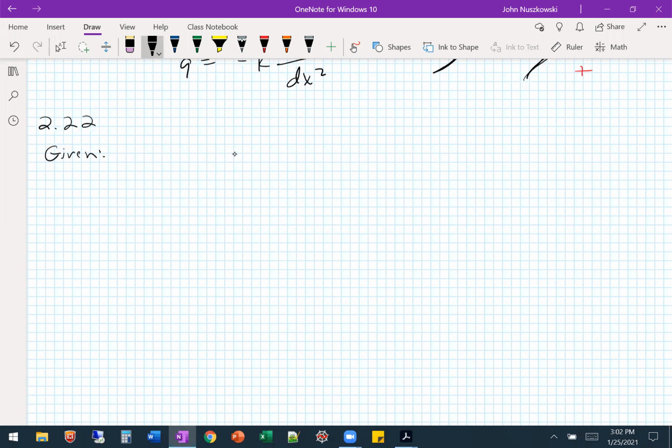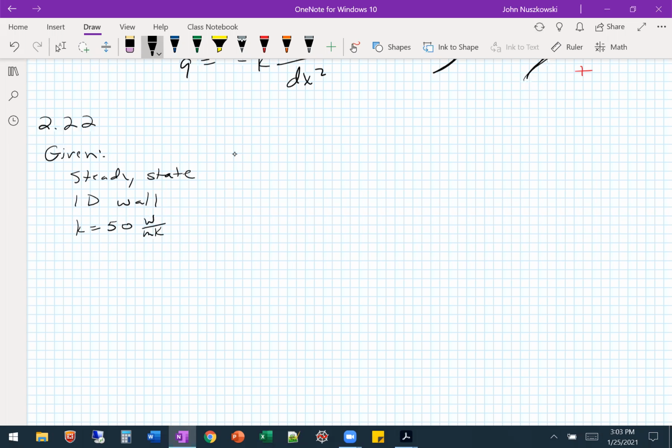Okay. So we have steady state, it's a one-dimensional wall. They give us the thermal conductivity, K, which is 50 watts per meters Kelvin. They give us a temperature distribution.